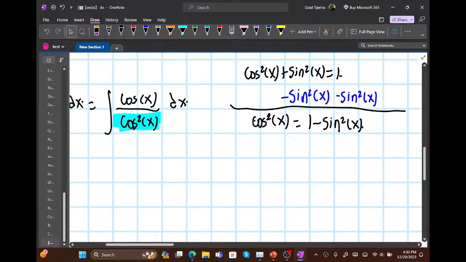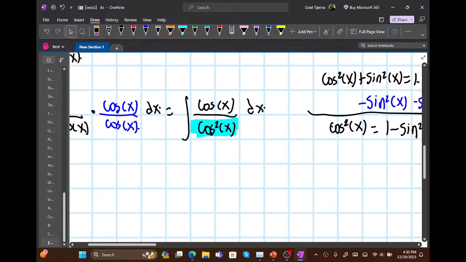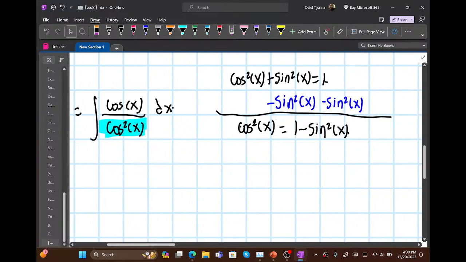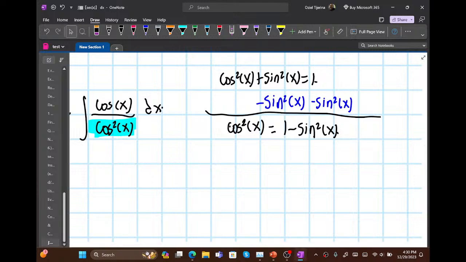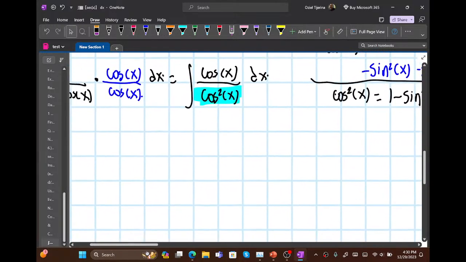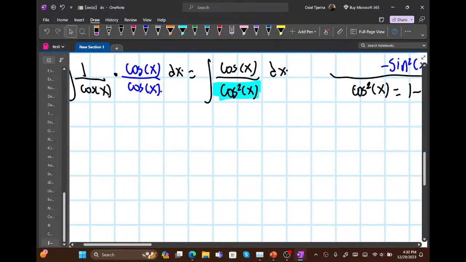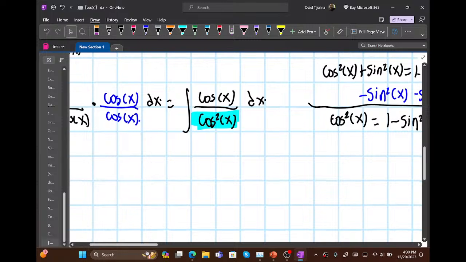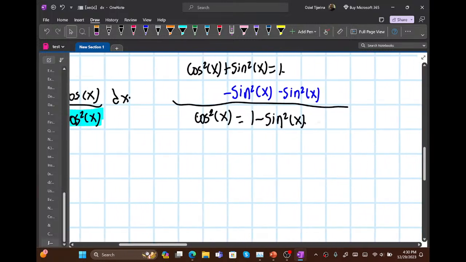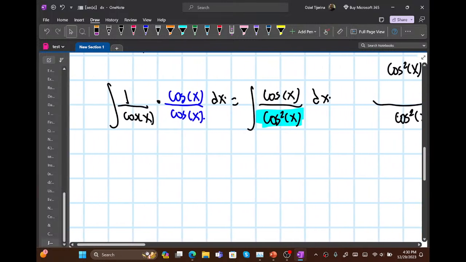I'll just do it this way, and then maybe I'll do it by integration by parts so that you guys can see both ways. I'll have to see. I should have just done it that way, but I don't want to start over again, so I'm just gonna keep it the way it is.